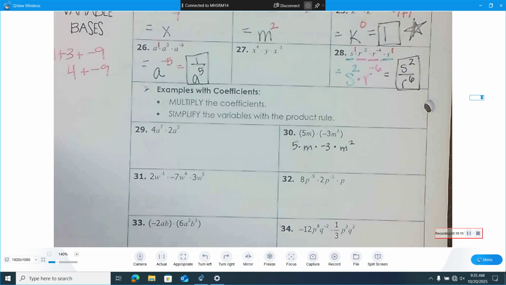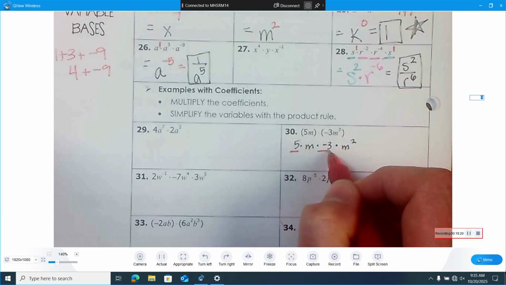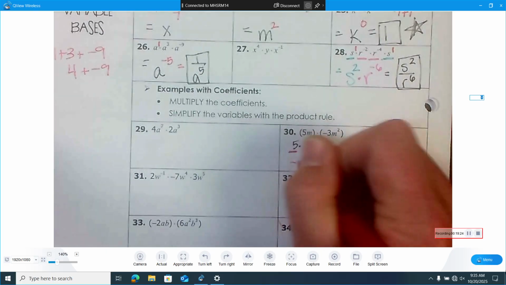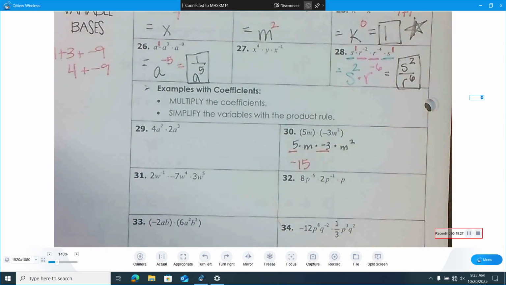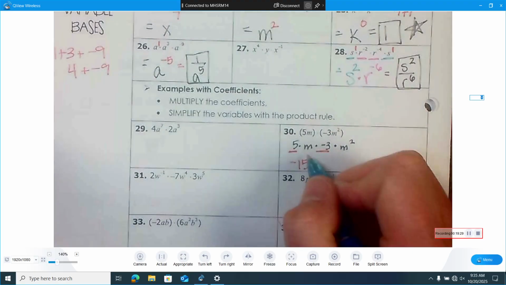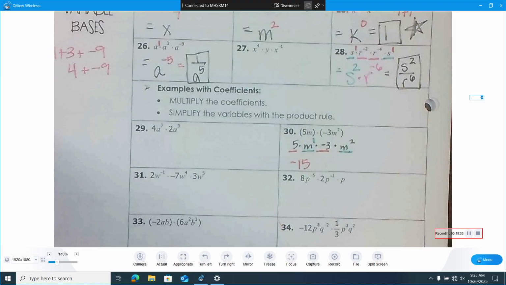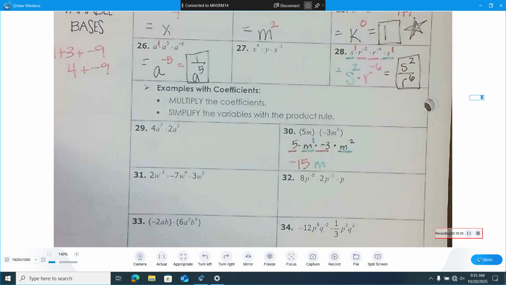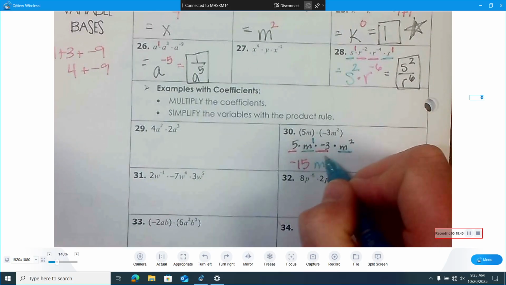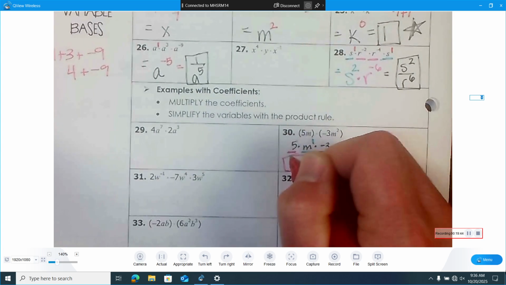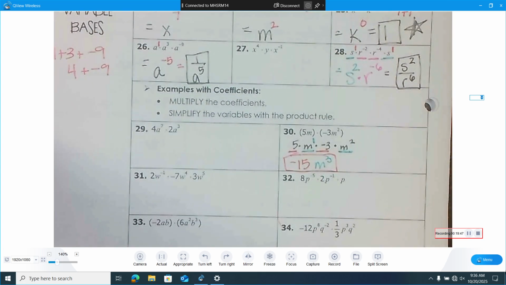So we can multiply our numbers together. So I have a 5 times a -3. What is 5 times -3? -15. And then my variables, I have m to the 1st power times m squared. They have the same base. What do I do with my exponents? Add them. So 1 plus 2 gives me 3. So -15 m to the 3rd is a beautiful answer. Okay?